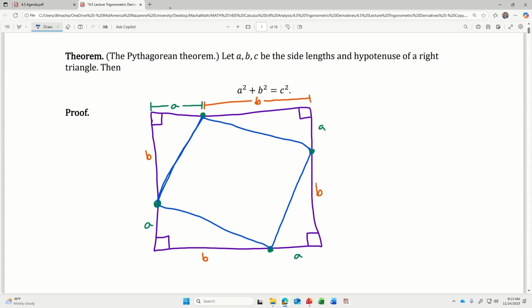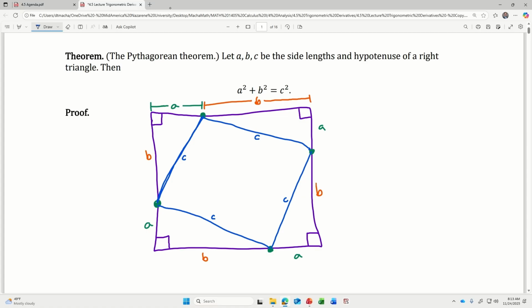And so that means all four of these triangles are congruent because they have the same side angle side. They've got side length A, right angle, side length B. So by the side angle side theorem, these are all congruent triangles. They all have the same hypotenuse length, and that hypotenuse length is C.